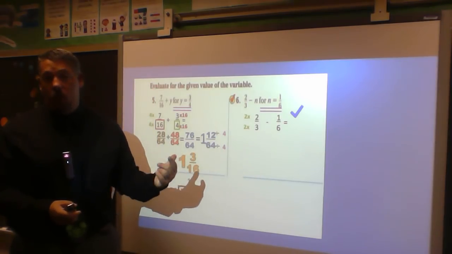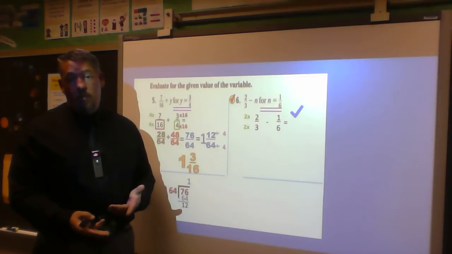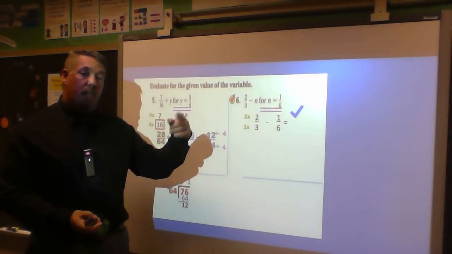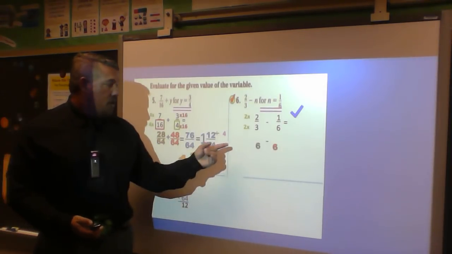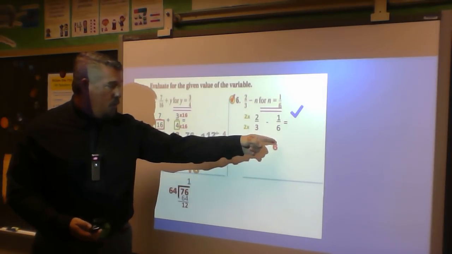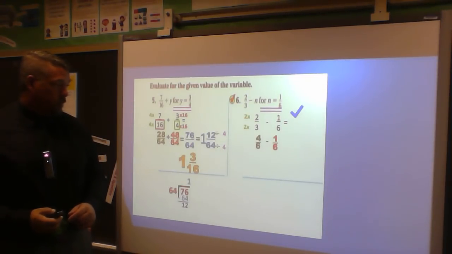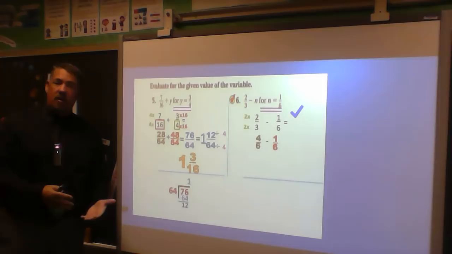And how do I get the 3 into a 6? I'm going to multiply by 2. And whatever I multiply the bottom by, I have to multiply the top by that same number. So I know I'm going to change that into denominators of 6. And then in my numerators, the 1 would stay the same, but 2 times 2 is indeed 4. Now I have a common denominator.